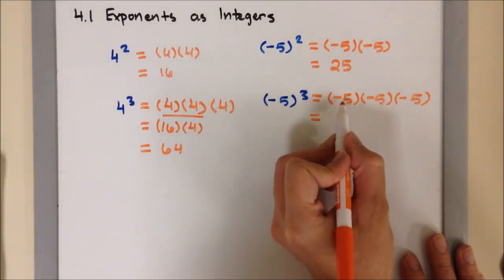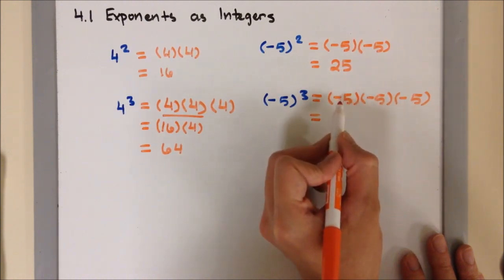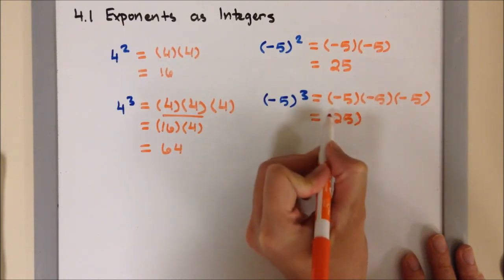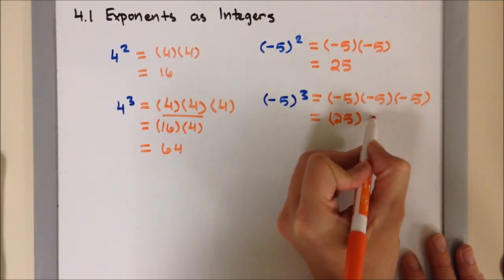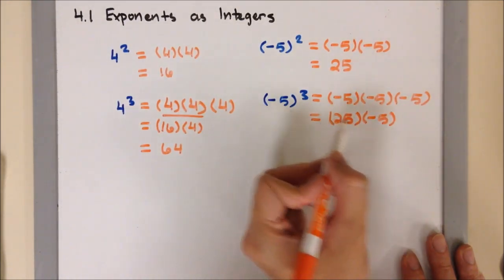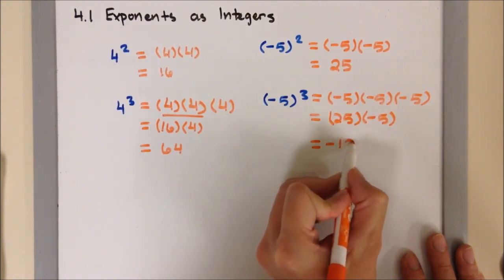So first I'm going to do negative 5 times negative 5, my first two negative 5s. So again, negative 5 times negative 5 will be positive 25. Then I bring down the last number, which is negative 5. So 25 times negative 5 will be negative 125.